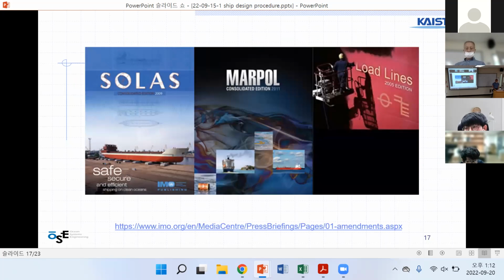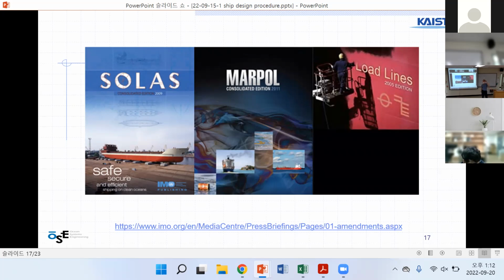Okay, this one is for safety regulations for the design. SOLAS is safety of life at sea, MARPOL is pollution, and the load line is for the freeboard.